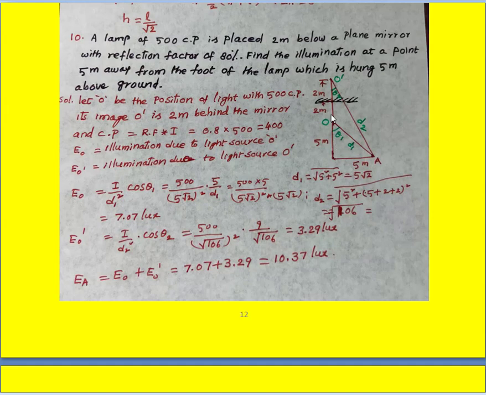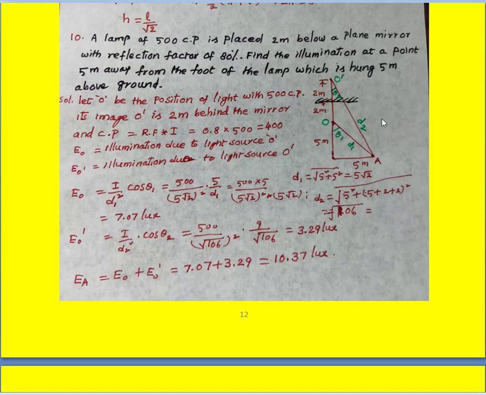So here, to solve this problem, we have to take the mirror light source also into account. That is, the light source is 2 meters below the plane like this. Similarly, we have to assume there is a mirror light behind this at a distance of 2 meters, that is O dash.